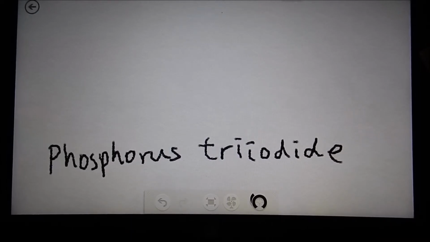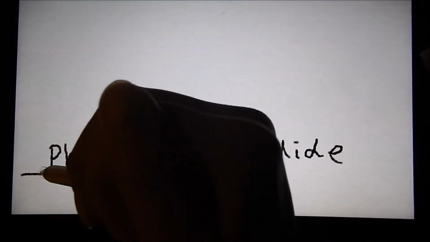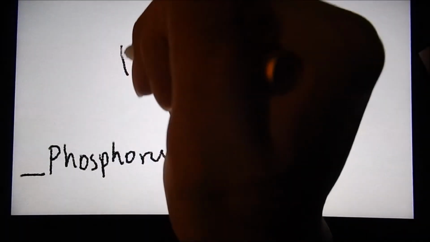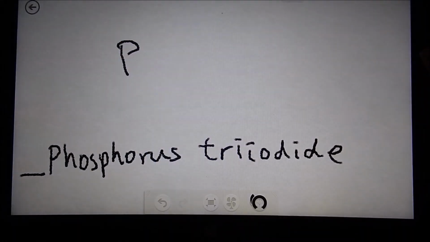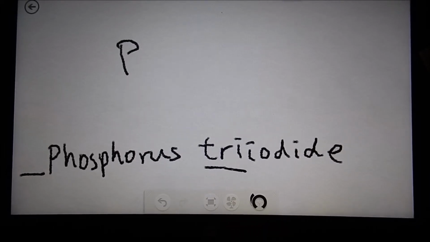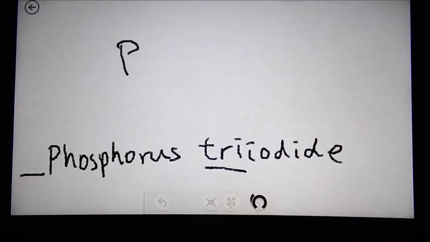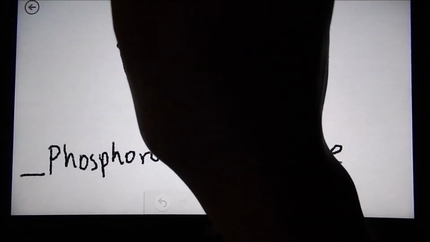Since there is no prefix on the first element, we know that there is only one phosphorus atom. There is tri on the iodide, so according to our chart, we know that there are 3 iodine atoms.